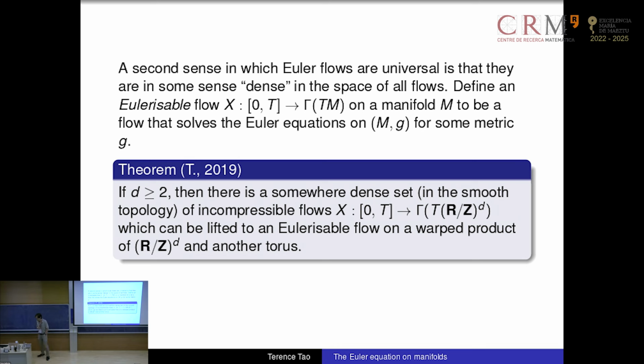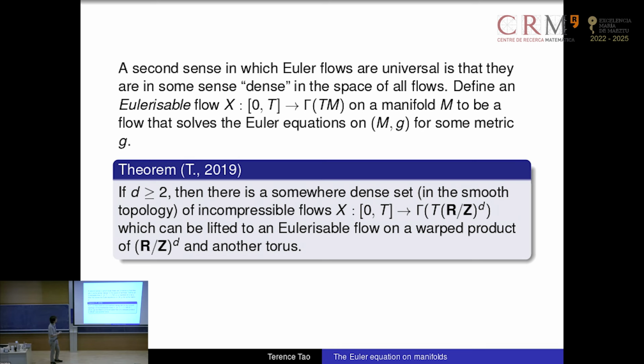Another sense in which, okay, any quadratic ODE can be embedded. I then looked at more general dynamics. For example, on a torus, if you take any smooth vector field, can you embed it into some Euler dynamics? And the answer is kind of.